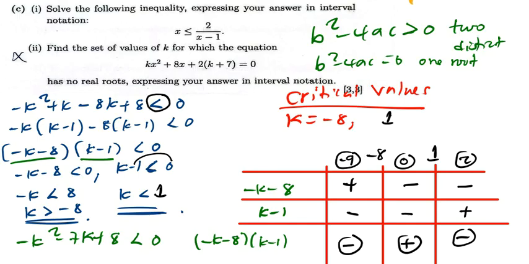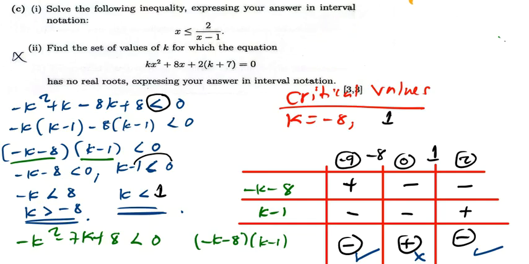Remember, the sign we are using is less than, so you get the part having negative. Our solution will lie between this and that, and not this. So our solution set for k: starting from negative infinity to negative 8 not included, and starting from 1 not included to positive infinity.